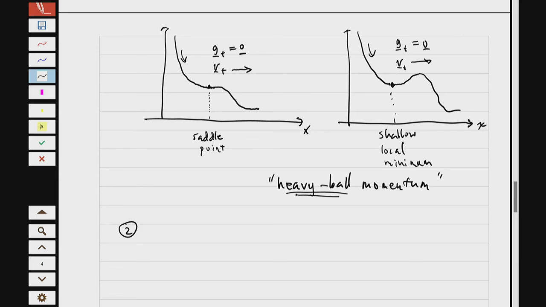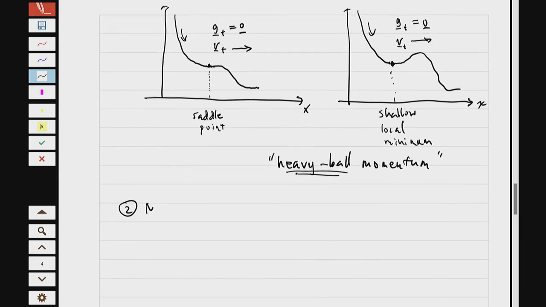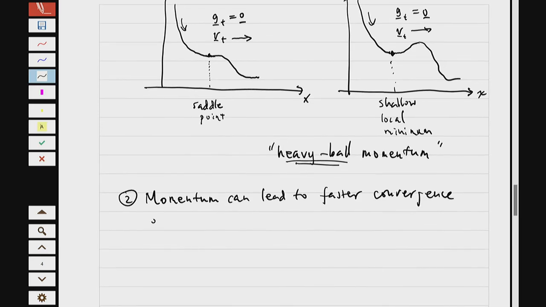This point is a bit harder to see. Momentum can lead to faster convergence even for convex functions.